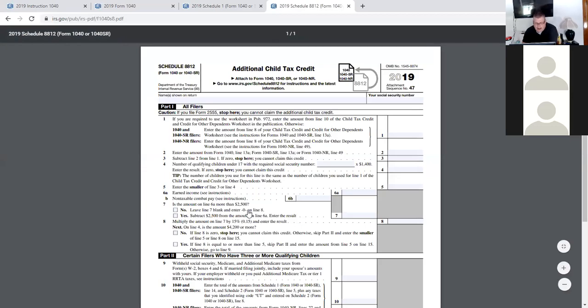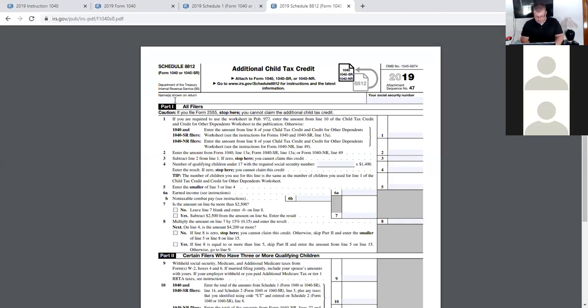Okay, so here's the 8812. Name or names shown on return. We've got Philip J. McDonald, Mary D. McDonald, since it's a joint return.